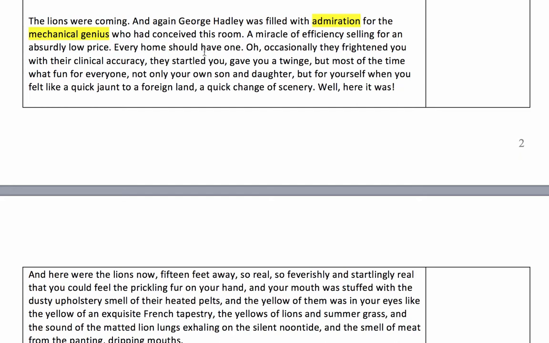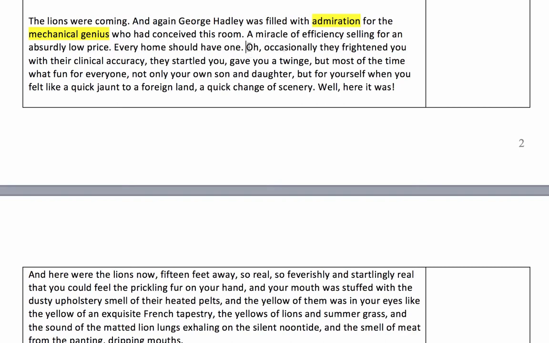So he thinks that it is a miracle of efficiency selling for an absurdly low price. So he thinks that he has paid a very reasonable price for something that he finds miraculous. Miraculous means something that is almost like magic, something that is very wonderful. So he thinks that every home should have a room like that.